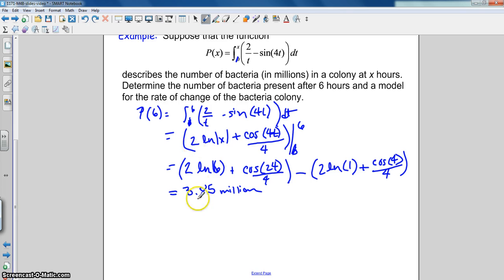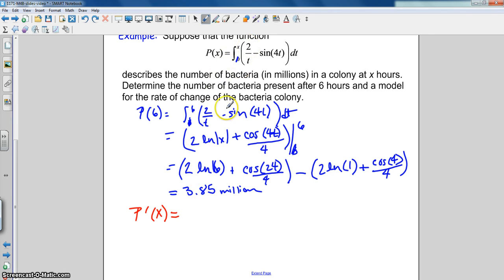A straightforward application of the fundamental theorem of calculus part 2. Now if I want to determine the rate of change in the bacteria colony, that's asking for P prime. So what is P prime of x? Well, here's my function P, and now I'm going to use the first part of the fundamental theorem of calculus.